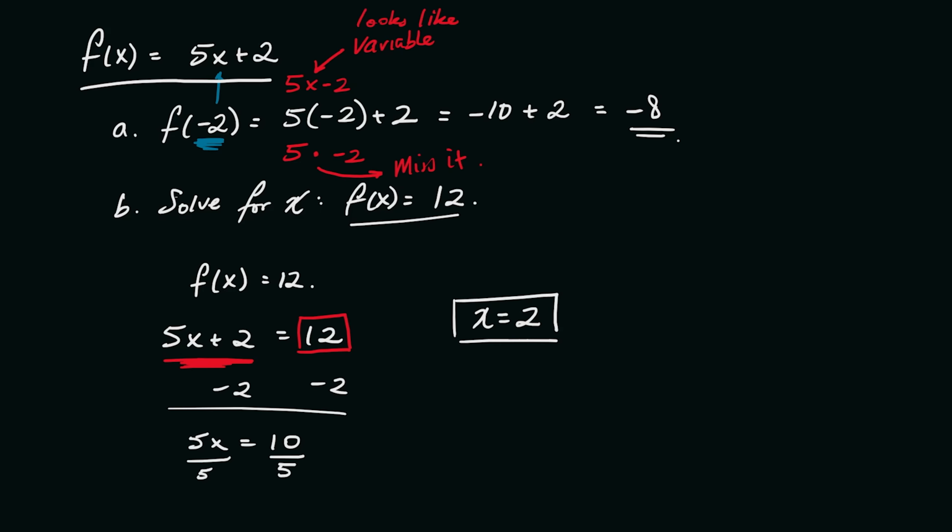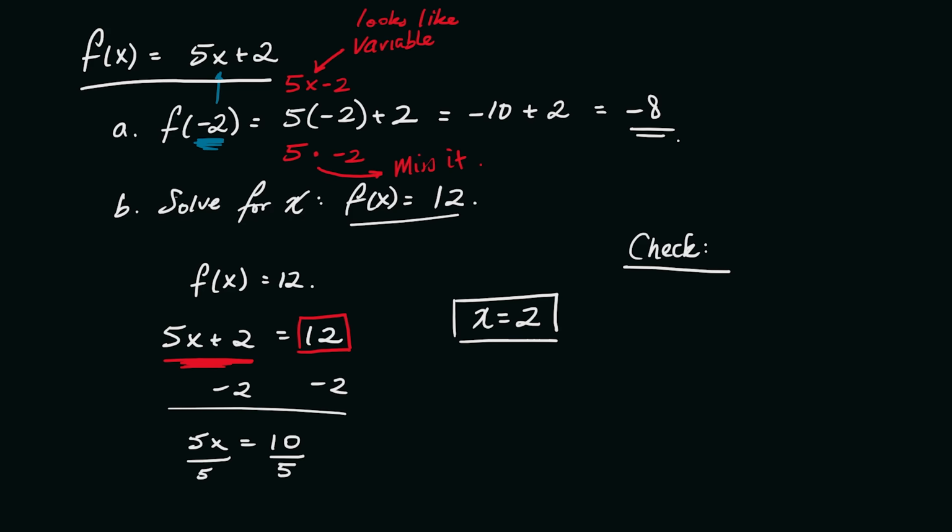However, if you want, we could check it, just so that we can see how it actually works. What we just solved is telling us that f of 2 is just equal to 12. The input is 2 and the output is 12.